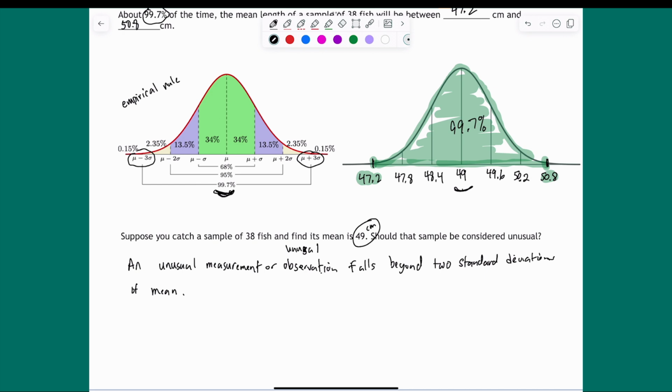In any case, we see that 49 centimeters falls within 2 standard deviations of the mean, which once again, let's mark in red. If you're beyond, like over here on the left of that or to the right of that, then that's what we would call unusual territory. So in this case, no, the sample is not unusual.